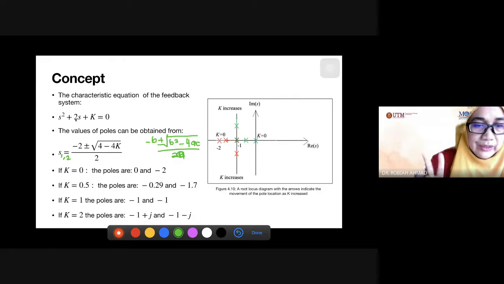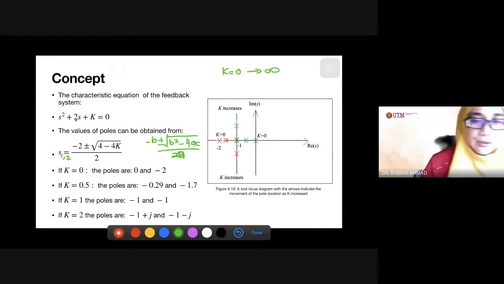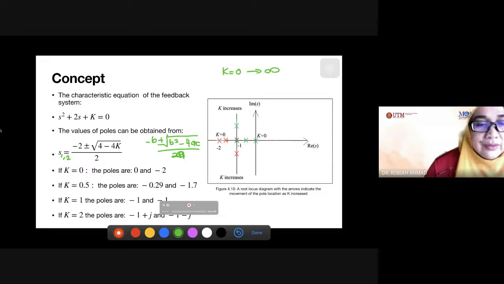So we will have s1 and s2. Okay. The concept of root locus tadi, kita nak tengok what happened to the poles bila K tu from 0 to infinity. Okay, so let us increase our K slowly. We start with 0. So what happened when K equal to 0 to this value of poles?